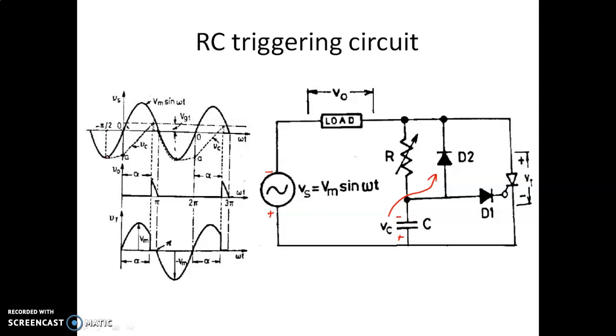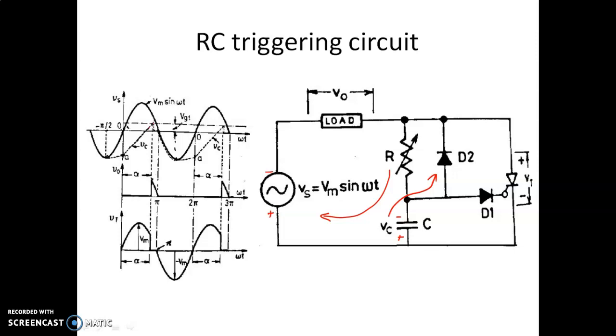It charges up to negative Vmax, and then as the input voltage decreases, the voltage across the capacitor decreases, but it does not reach 0. It reaches a voltage OA, and as the input reverses, the capacitor discharges through the resistor, and the capacitor voltage reverses, it becomes positive.